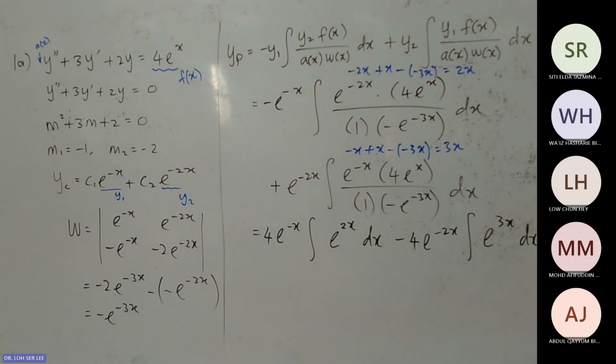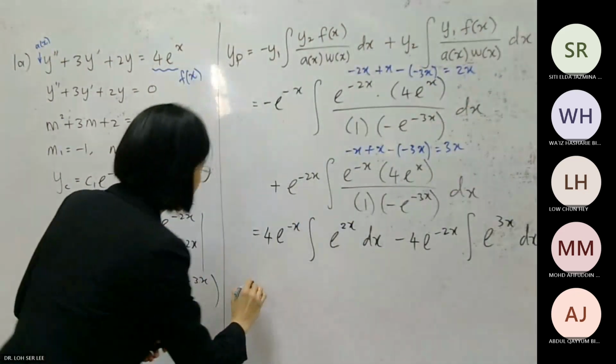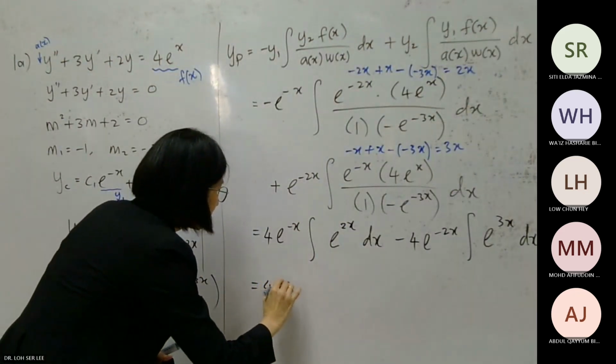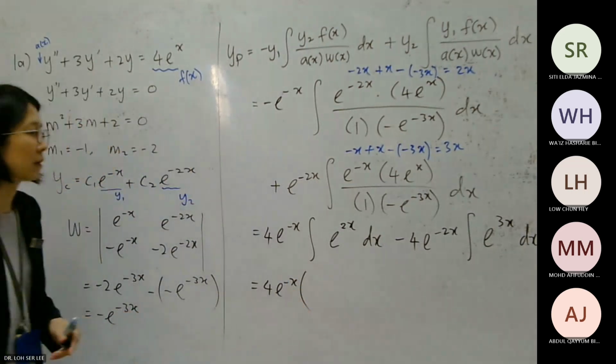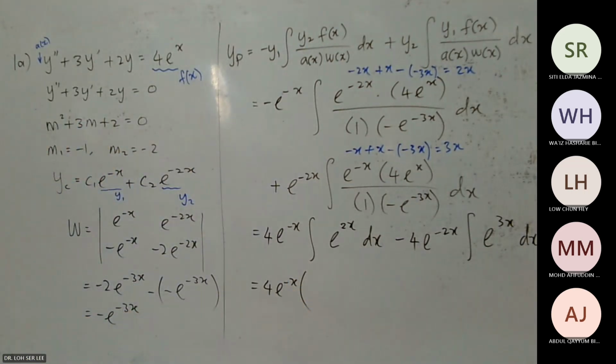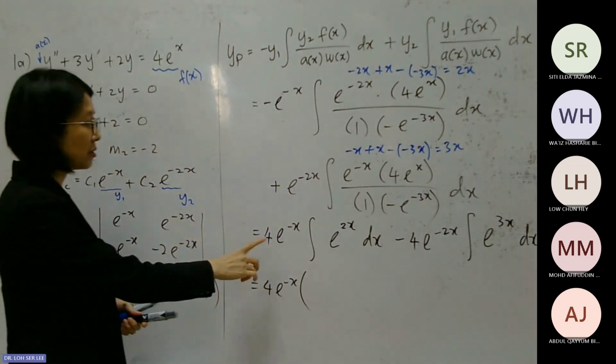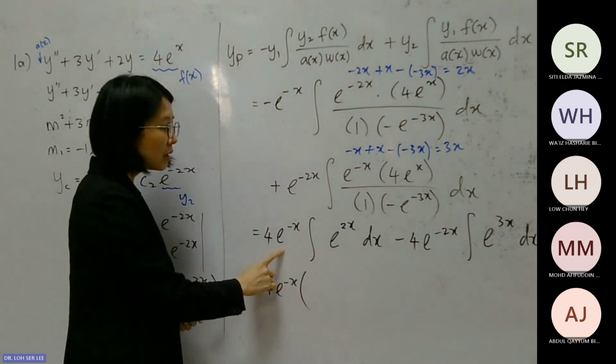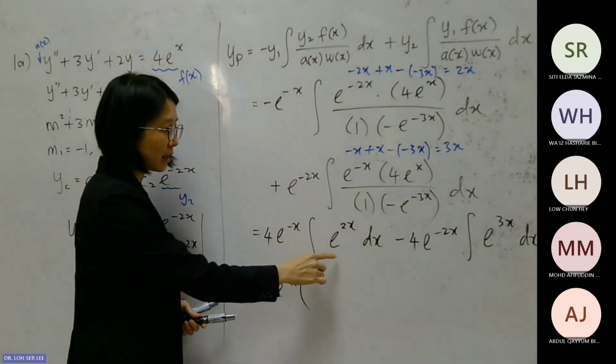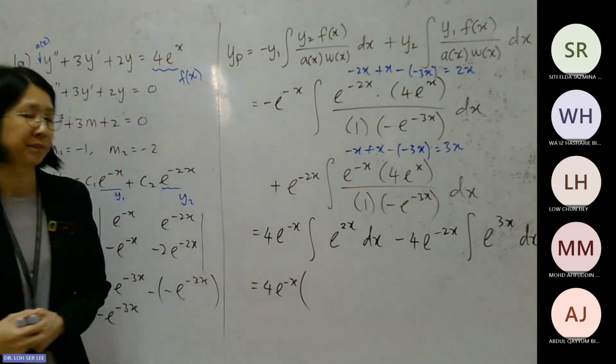Then you can proceed to integrate. These two exponential functions, you can't combine, because this is inside the integration, this is outside.